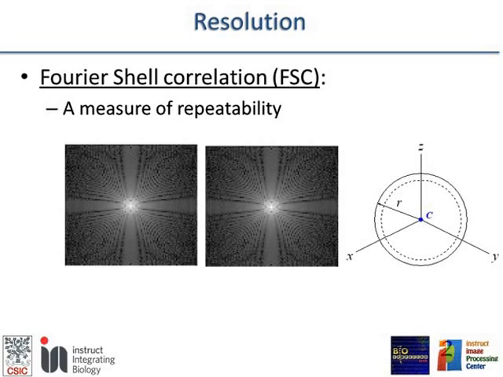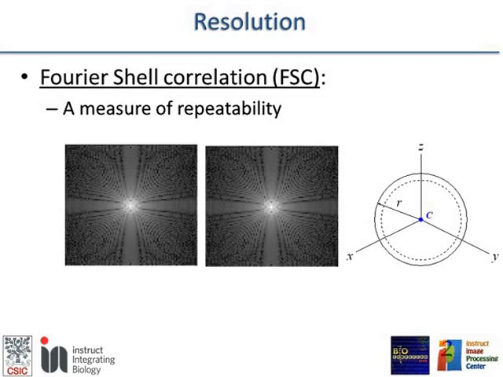So you go to Fourier space. This would be the 3D Fourier transform of your volume, and the 3D Fourier transform of the other volume, and then you take regions that have the shape of a shell. Here it is a ring because I'm doing everything in 2D. And then you compare the Fourier coefficients along this ring in this volume and along this ring in this volume, and you decide how much they correlate to each other.